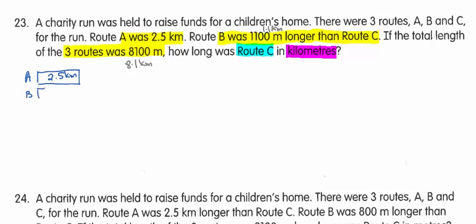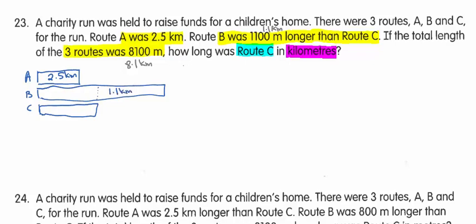So let's draw B and let's draw C. Now C and A are not the same, so I'll make sure I'm not drawing them the same. So B is 1.1 km longer than C. So the total is 8.1 km. Okay? So I want route C. I want to find this. Okay, now let's see. How do we do this?